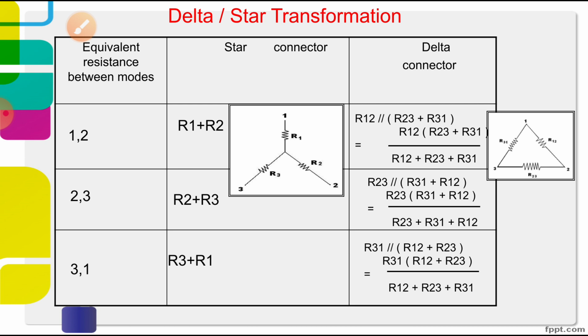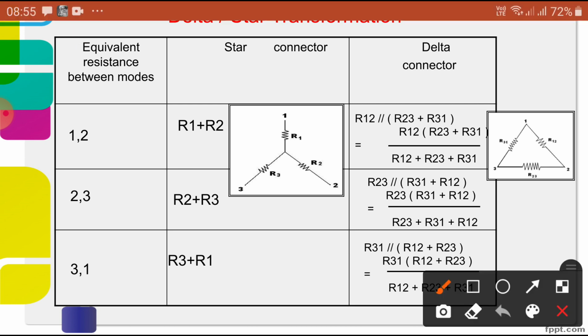Now based on this knowledge we are going to convert. So how are we going to convert one simple circuit, delta to star and star to delta, in real time? Based on this, we know the star equivalent value of nodes between 1 and 2 is equal to this one.